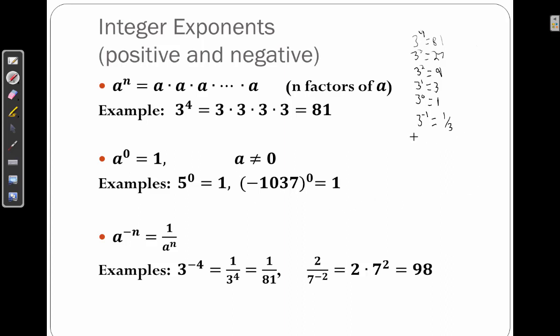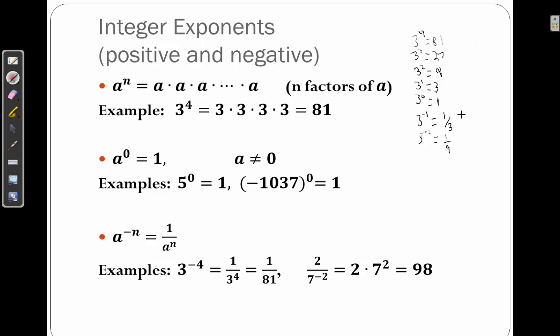Getting back to the negatives, a to the negative n is just going to be 1 over a to the n. You can already see here it's 1 over 3 to the 1, 3 to the negative 2. Sorry, it's not coming through very brightly there. There we go. 3 to the negative 2 would just be 1 over 9, because you divide by 3 again.